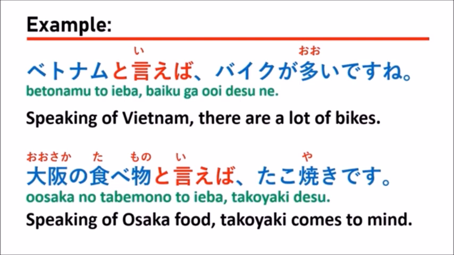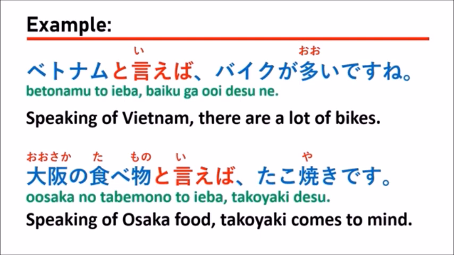In this sentence, tabemono means food, right? But here they say Osaka no tabemono, which means the food in Osaka. To ieba means if we're talking about Osaka food, takoyaki comes to mind.